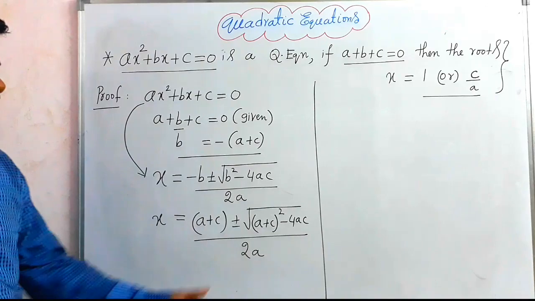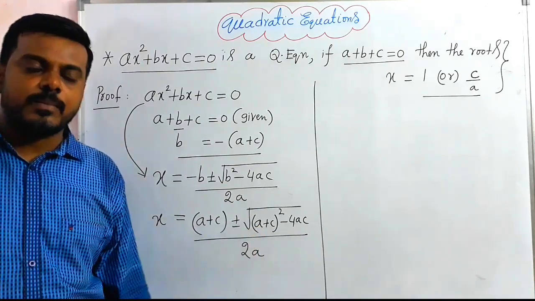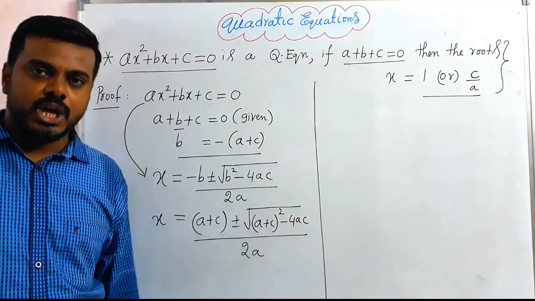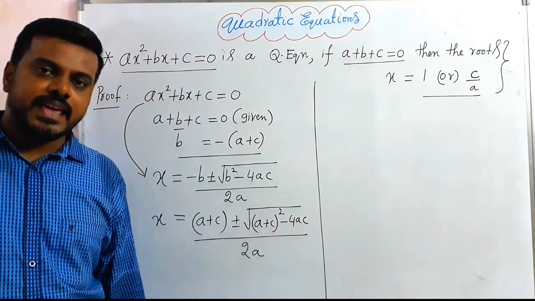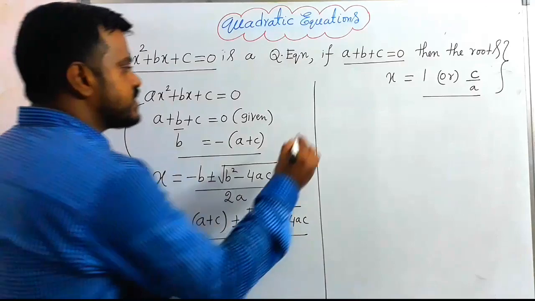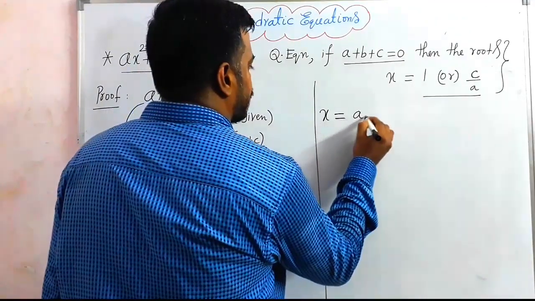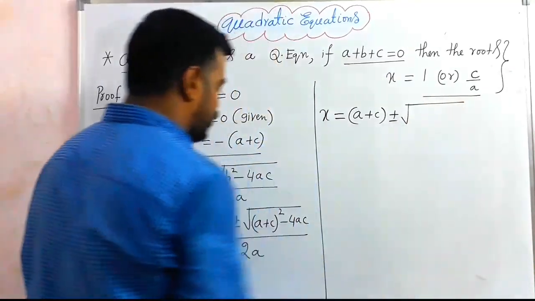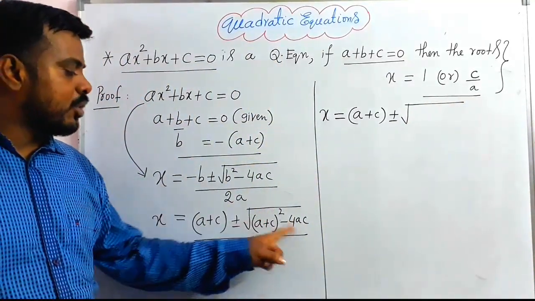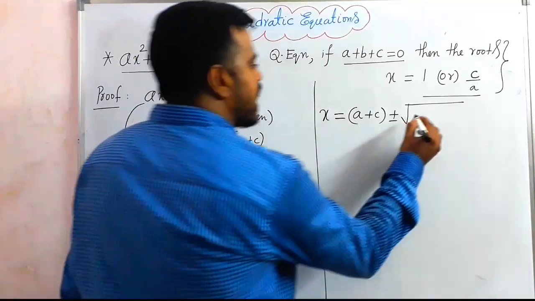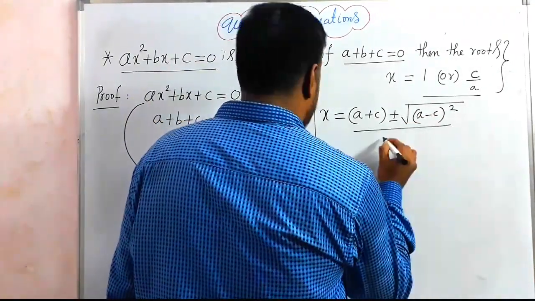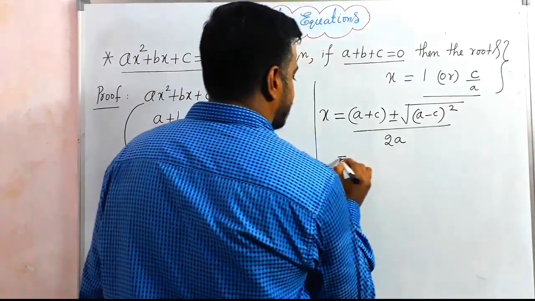Now if you observe here, this is in the form of a plus b whole square minus 4ab, which we can write as a minus b whole square. So x is equal to a plus c plus or minus root over this a plus c whole square minus 4ac, I am going to write as a minus c whole square, by 2a.